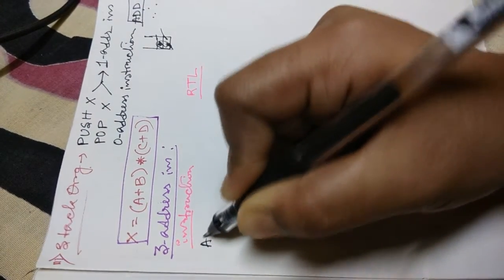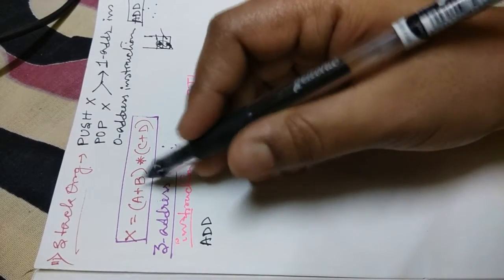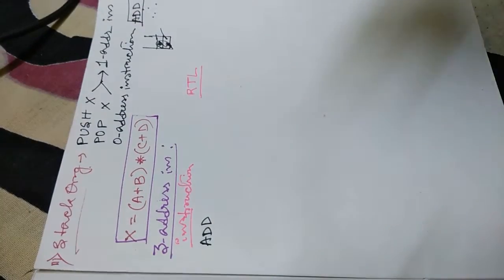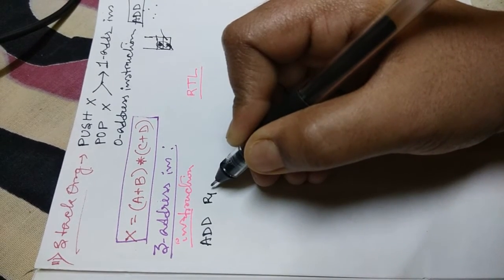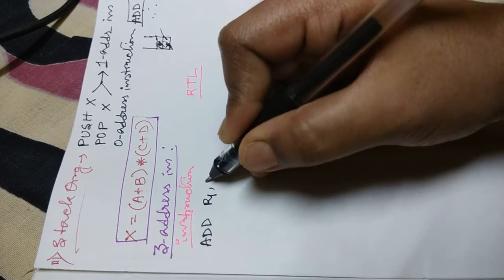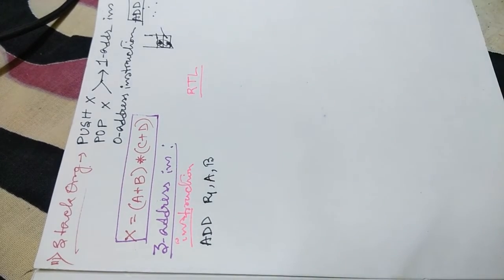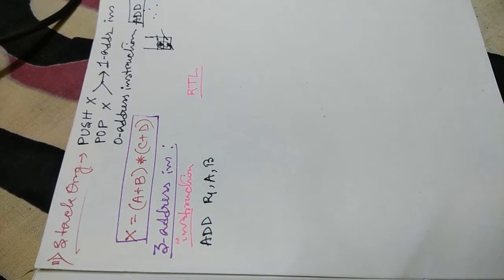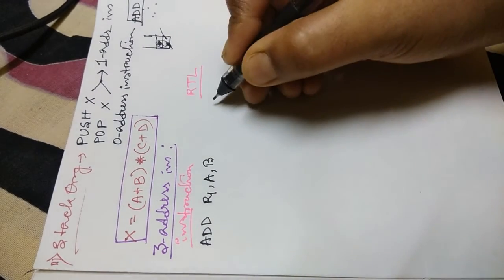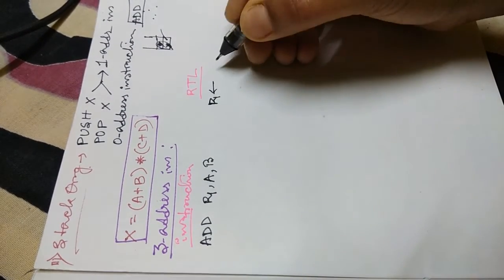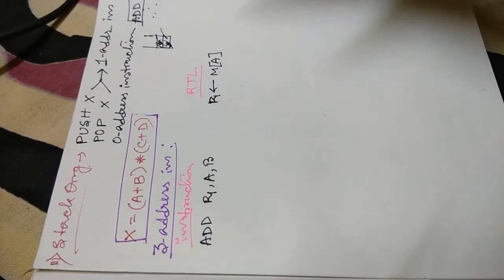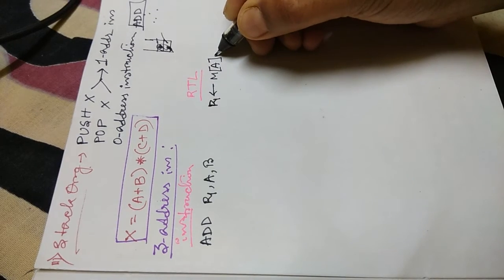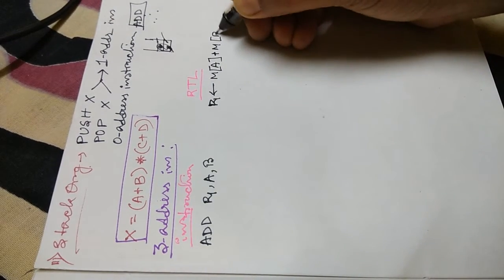My first task is to add A and B, so I can write add. The result will be stored in R1 register, suppose, and the sources are A and B. Because it is a 3 address instruction, its RTL will be R1 contains M of A, memory word A, plus M of B.